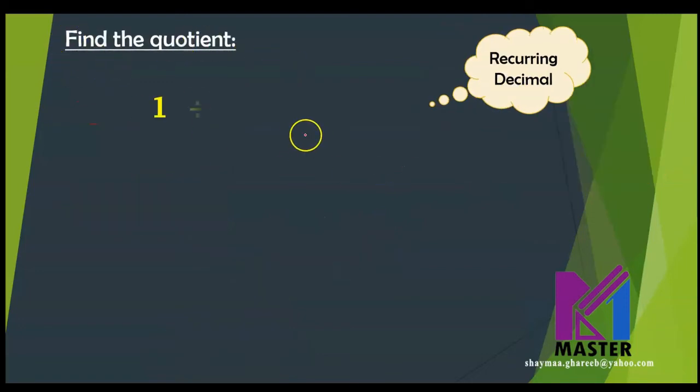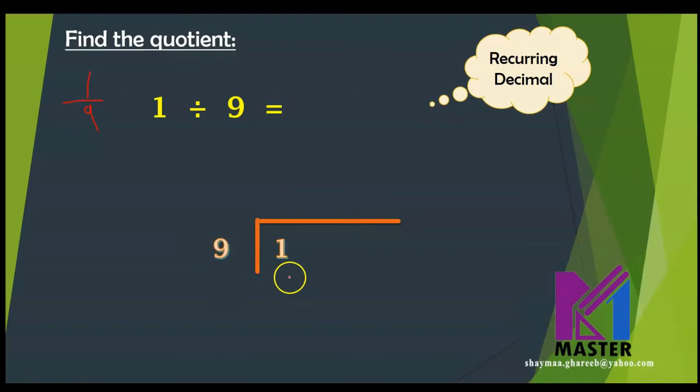Find the quotient. Let's see. 1 divided by 9. What fraction is it? 1/9. They are exactly the same. So let's write it. 1 divided by 9. Now I will change the 1 to be 1.000 just to have more digits in the decimal part.